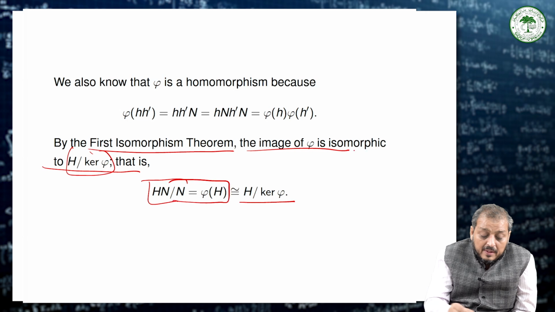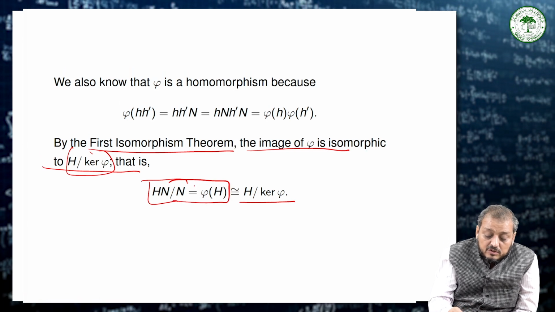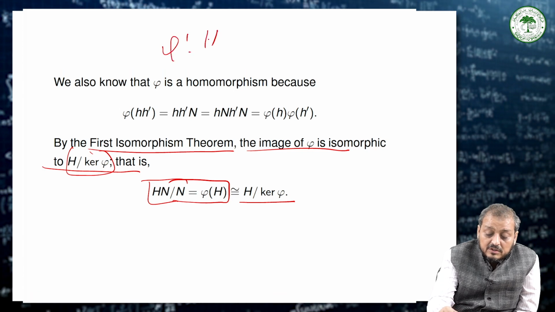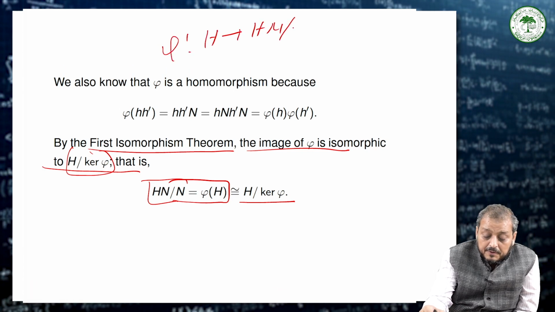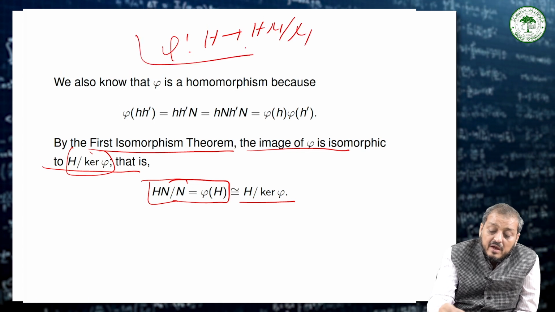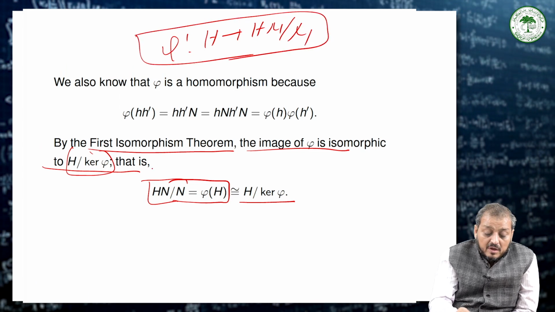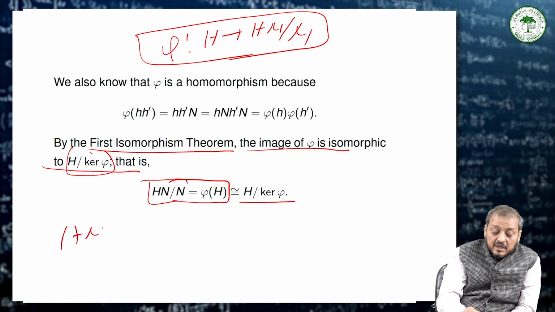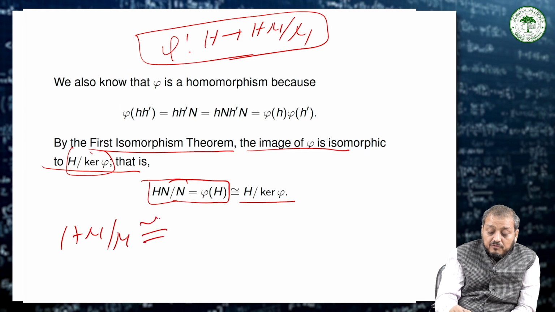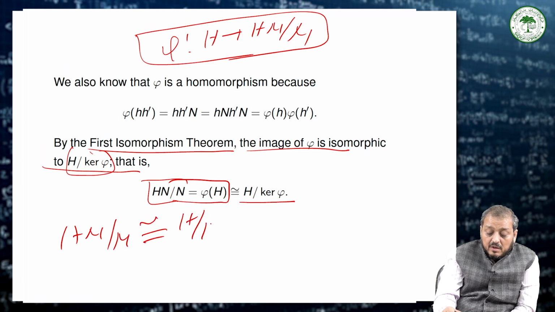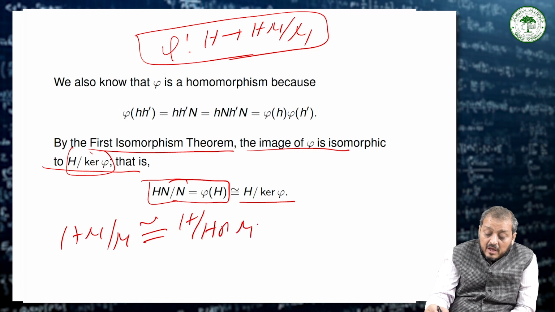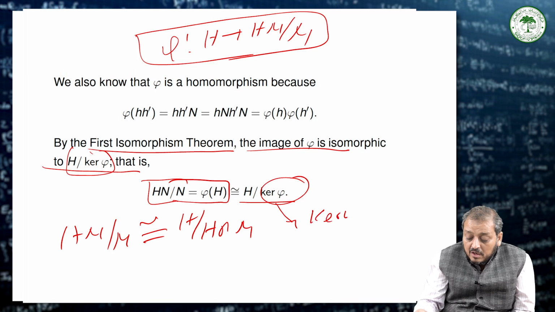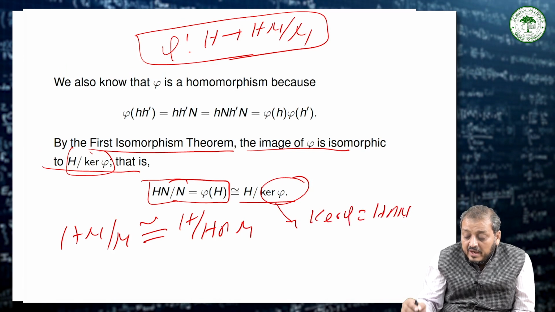So the image of phi is nothing but phi defined as the map of H to HN over N. Now our job is showing that this HN over N is isomorphic to H over H intersection N, and by this theorem, our job is to show that the kernel of phi is nothing but H intersection N.